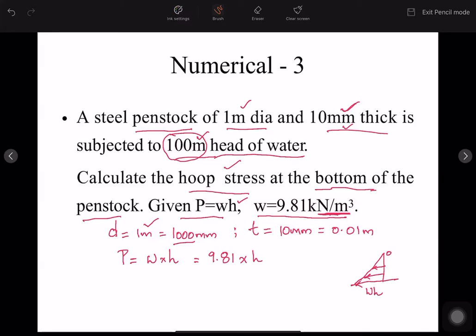If we are asked to calculate at some other point on the penstock, he has to give the shape of this pressure distribution diagram. He has to mention in the question itself whether it has a linear distribution, or uniform distribution, from 0 at the top, or the reverse, vice versa, anything.